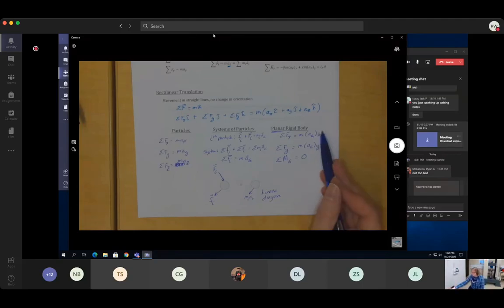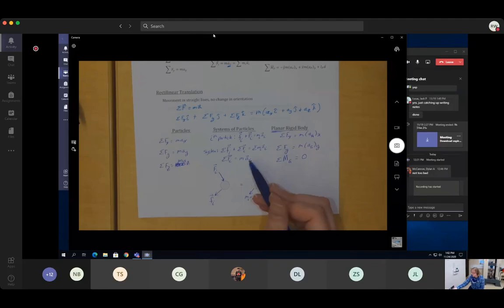then we're going to be interested in acceleration of the center of gravity, just like we were with systems of particles. But now we're going to consider moments. And we didn't consider moments with particles or systems of particles because there isn't really anywhere to apply a moment arm with a particle.